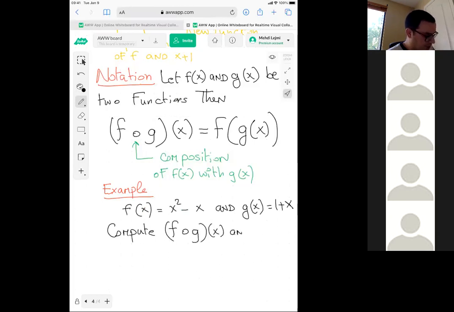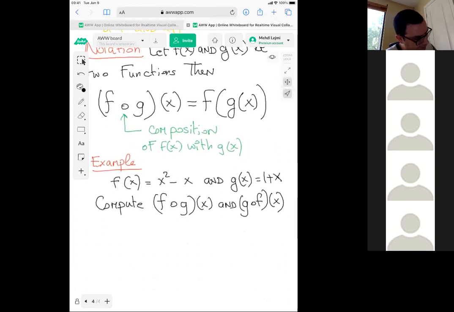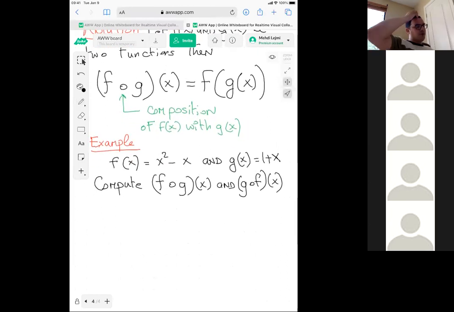And of course, you can also compose g with f. In this example, I want to compute f composed with g and then g composed with f. So let's start with f composed with g.